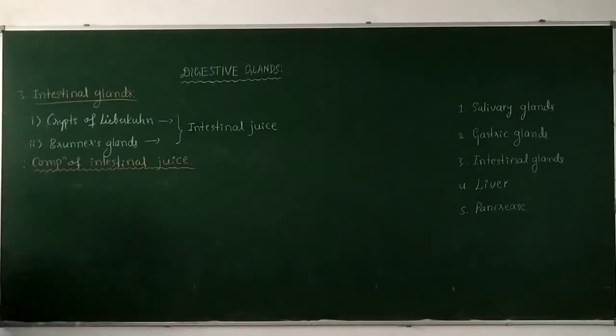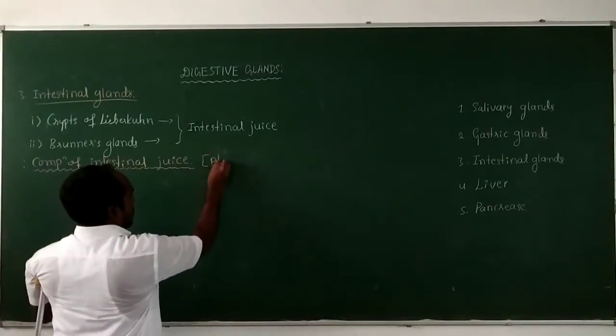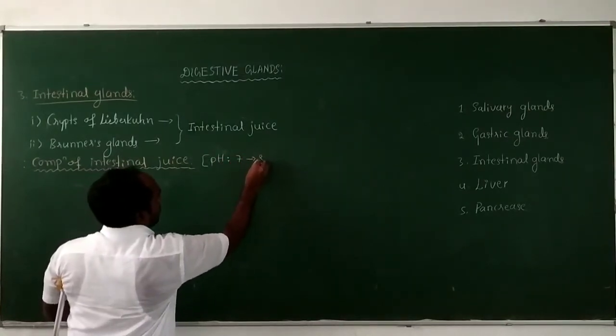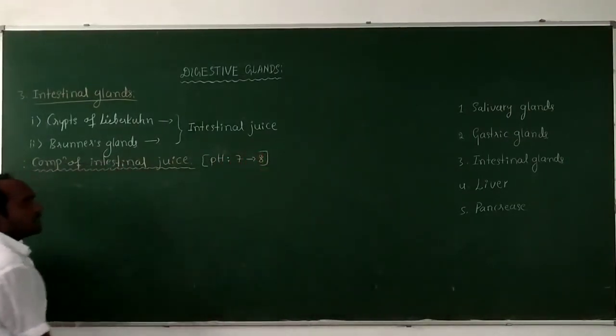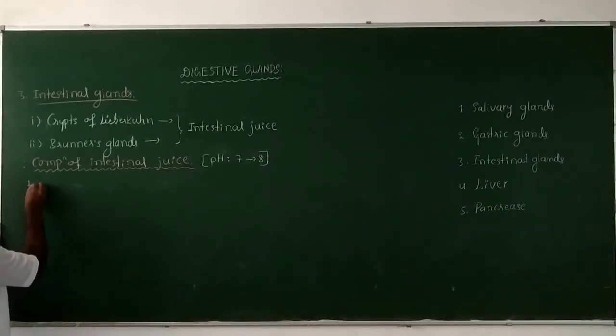See what the intestinal juice actually contains. Its pH is 7 to 8. And what does it contain? It contains water and mucus.